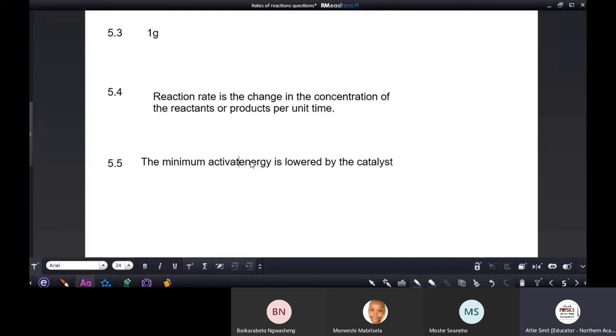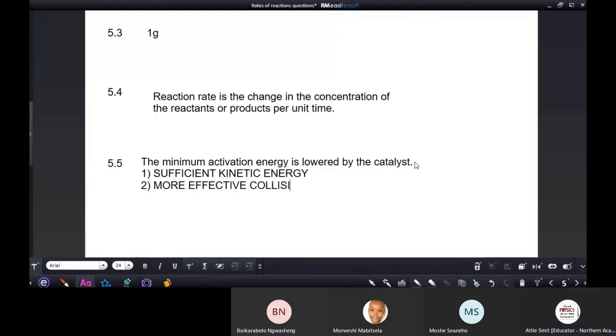This has nothing to do with our collision theory, but this is what the catalyst does. If we lower the activation energy, number one, we will have sufficient kinetic energy. Then we will have more effective collisions per unit time.